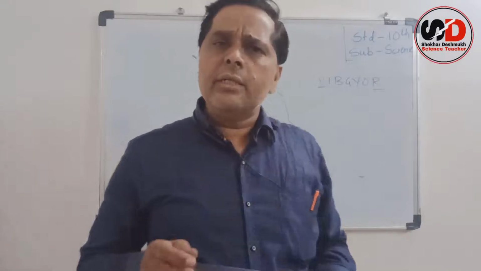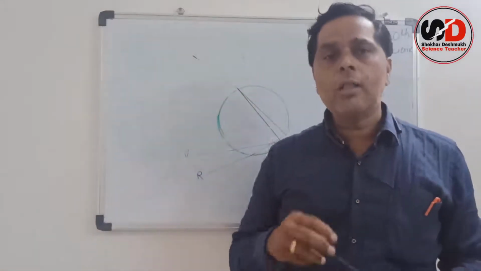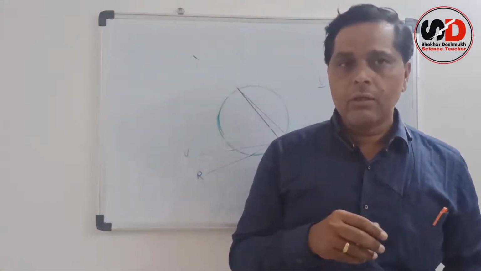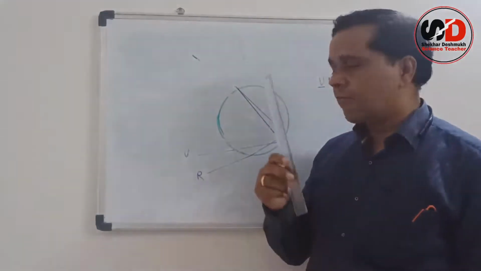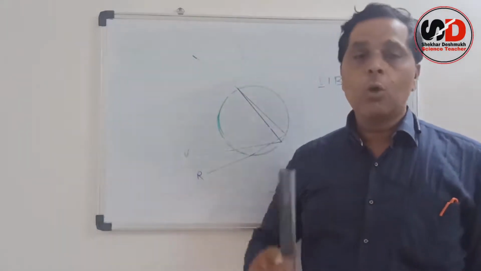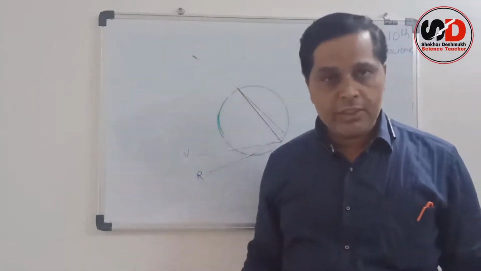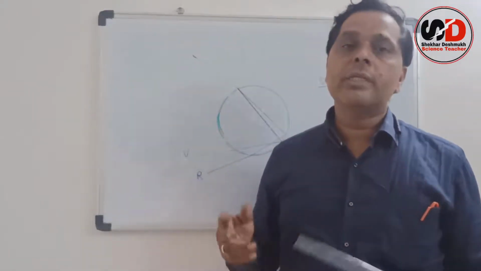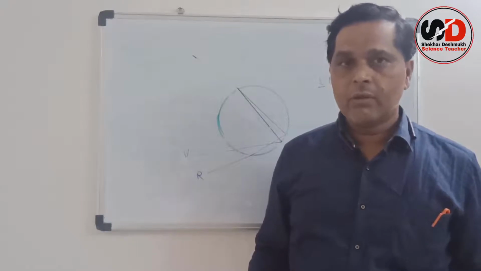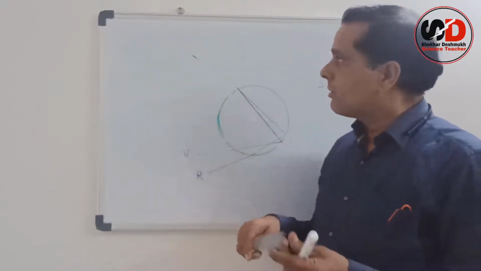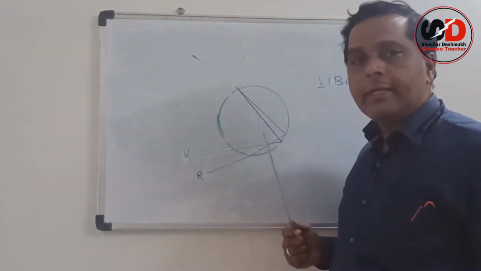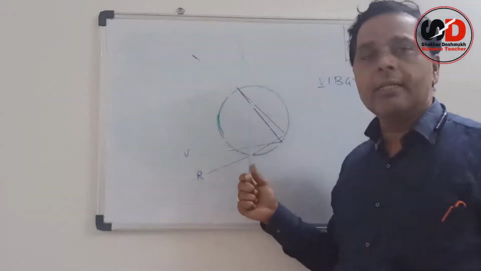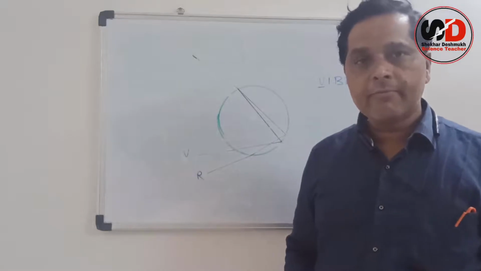So this is a natural phenomenon in which we can see and understand all these 3 things. Which 3 phenomena? The refraction of light, total internal reflection of light, and also dispersion of light. The white light falling on this water droplet splits into 7 colors, that means dispersion takes place.